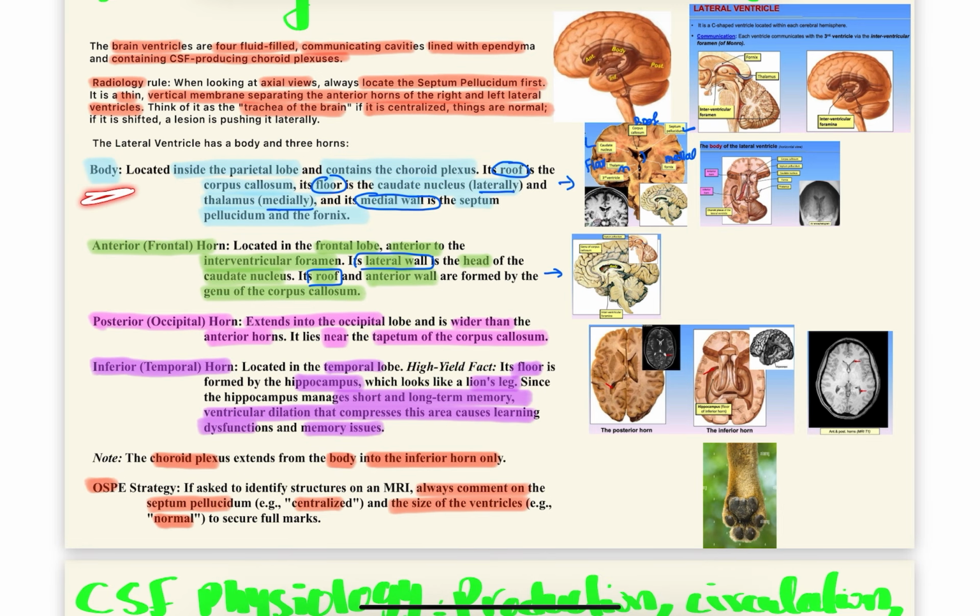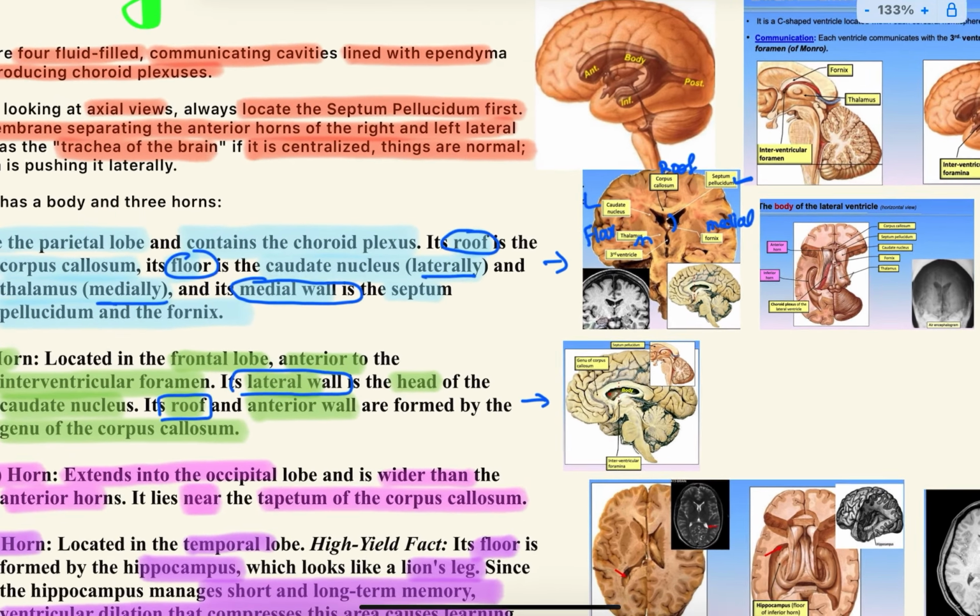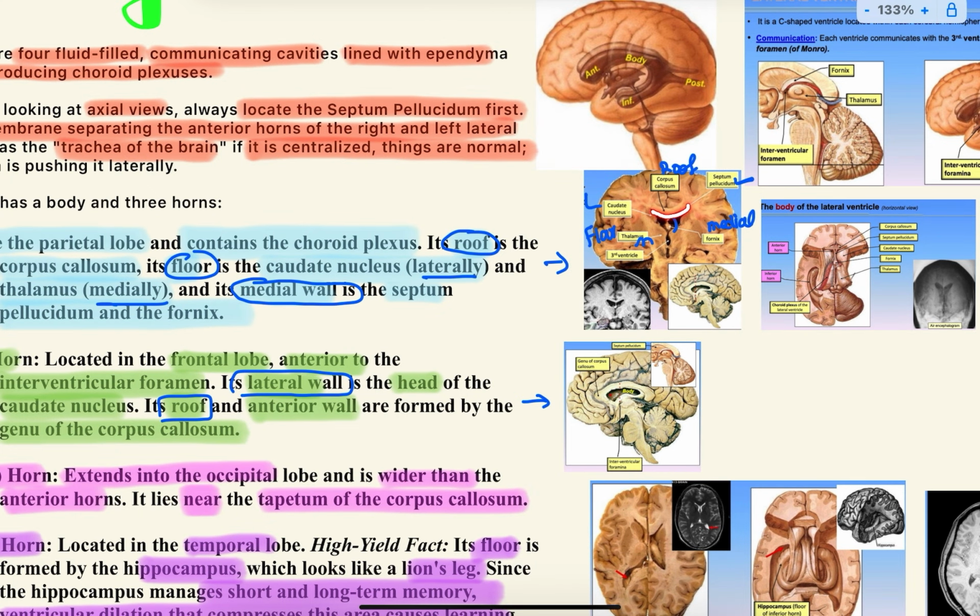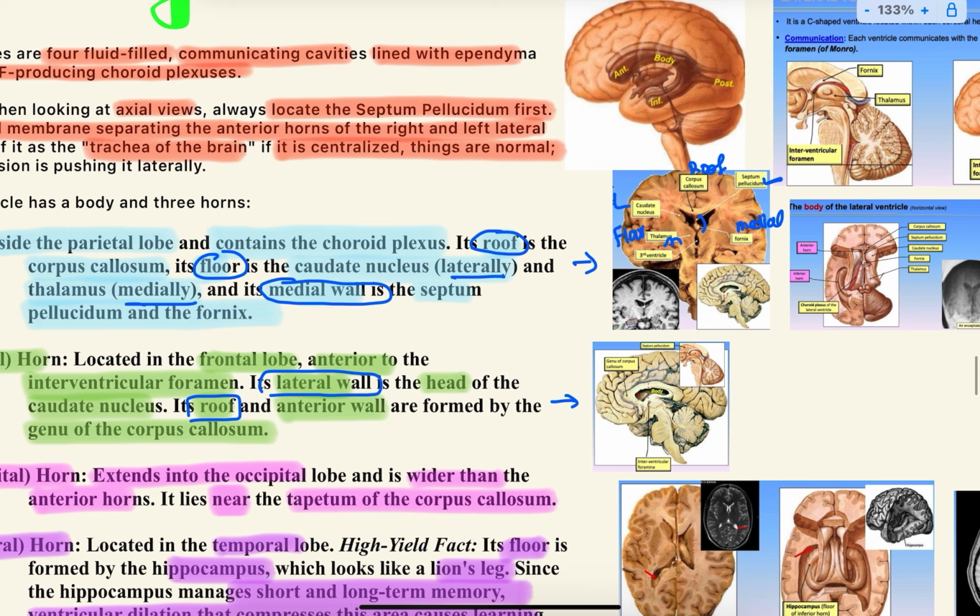Now, the roof of our body has the corpus callosum, which we said connects the cerebral hemispheres. Now the floor, on the lateral side, has the caudate nucleus, whereas on the medial side it has the thalamus. So the roof is the corpus callosum, the floor laterally the caudate, and medially the thalamus.